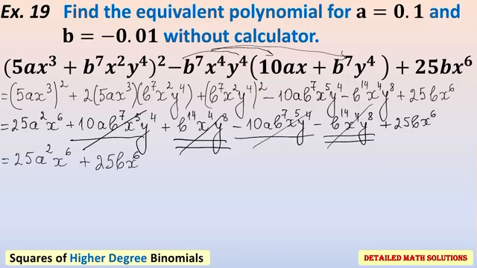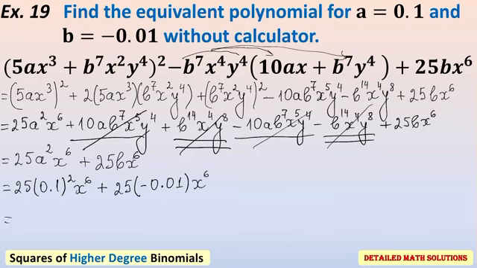When I do that, this equals 25 times 0.1 squared x to the 6th power plus 25 multiplied by negative 0.01 x to the 6th power.